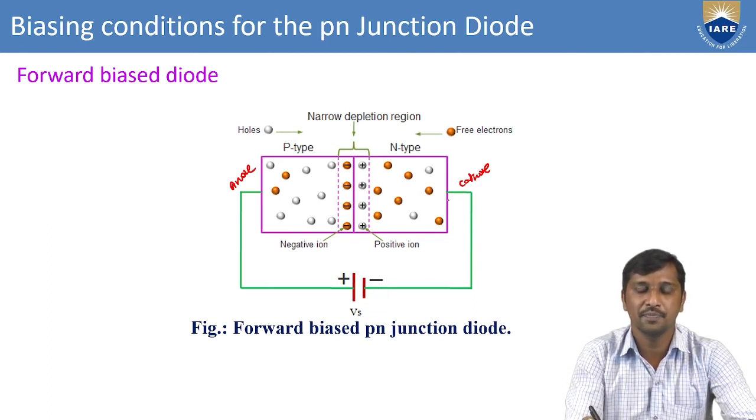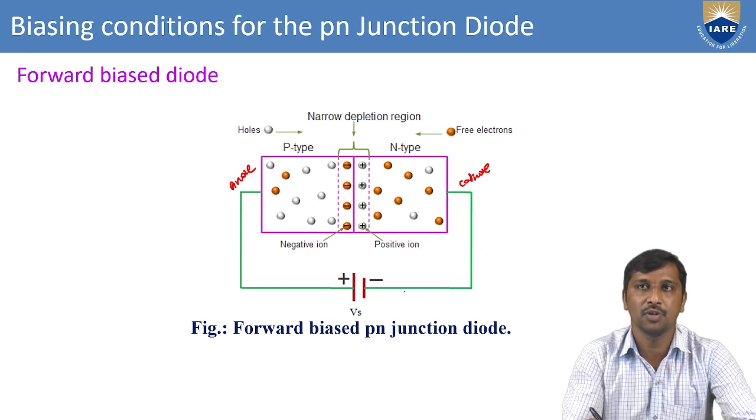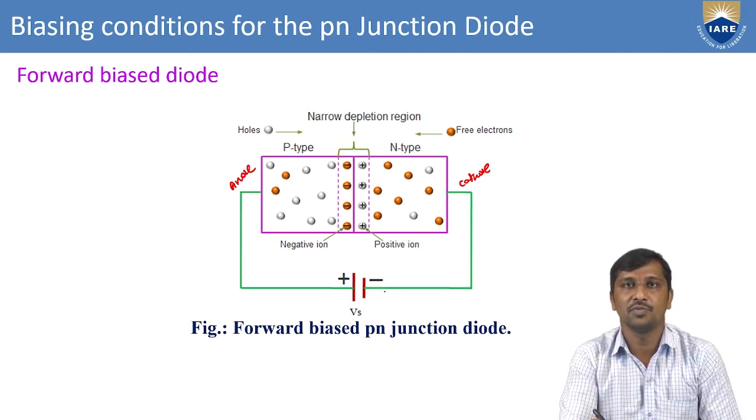This approach is nothing but the forward biasing concept. Whenever the anode is connected to the positive pole of the battery and the cathode of the PN junction is connected to the negative pole of the battery, then it becomes forward bias.